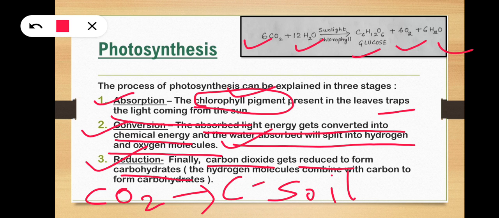Oxygen is removed from carbon dioxide to form carbon and oxygen separately. That's why this reaction is called reduction, because carbon dioxide is being reduced to form carbohydrates.